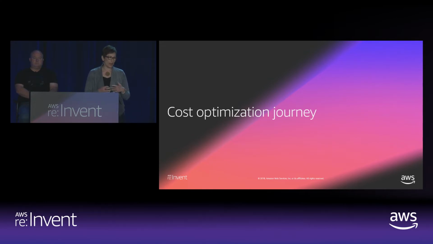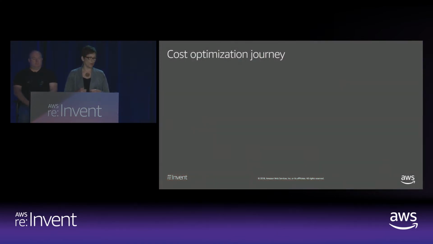So now let's look at the complete cost optimization journey when you bring your Microsoft workloads to AWS. When we talk about cost optimizing your workloads, it's really a continuous journey. First, you should start planning for cost optimizations when you're making your migration business case.